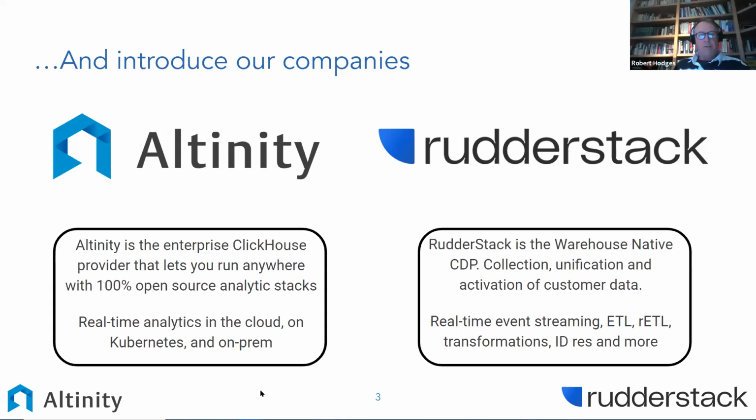Great. I'd like to introduce Altinity. So we're an enterprise ClickHouse provider. We have a unique value proposition that we allow you to run ClickHouse anywhere. So you could be in the cloud, you could be on Kubernetes, you could be on prem. We run Altinity.cloud, which is the oldest cloud for ClickHouse on Amazon as well as GCP.